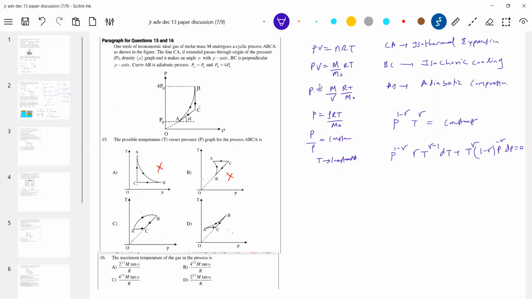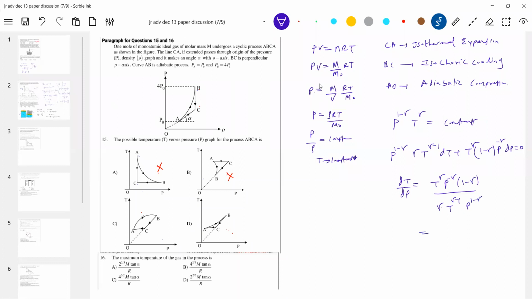So for the dT versus dP graph, this will be T gamma, P minus gamma, 1 minus gamma by gamma, over T gamma minus 1, P 1 minus gamma.